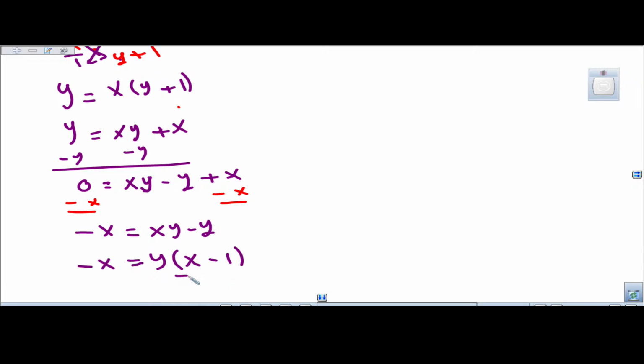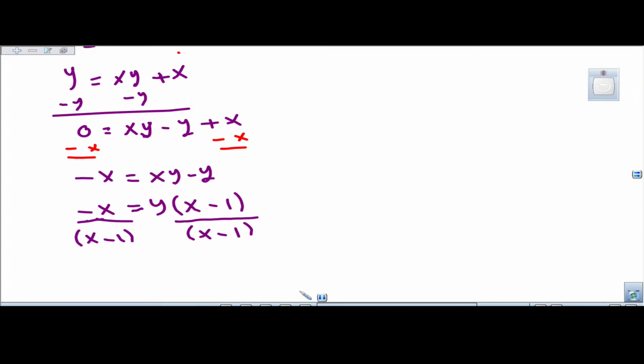Then I'm going to divide by whatever is next to my y, because I only need the y. X minus 1. Once I do that, I see myself looking at, obviously these are going to go away. So you'll be looking at y equals negative x divided by x minus 1.